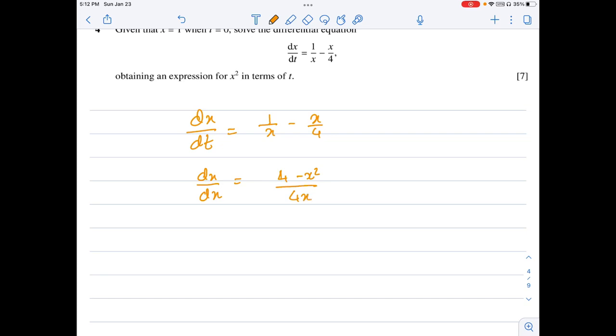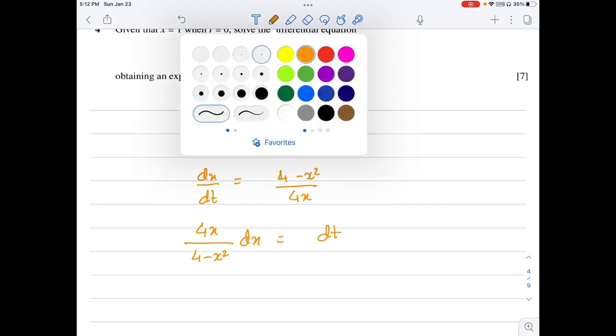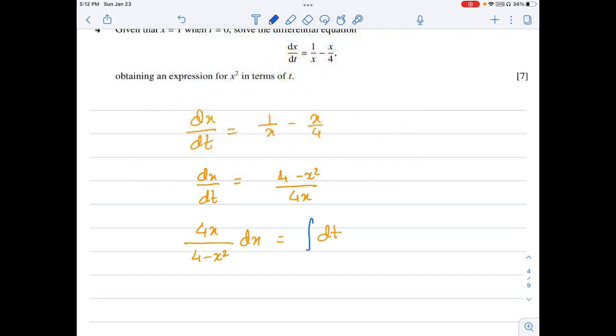Make a common denominator on the right hand side. Then this was dt. Bring the x terms on this side. So 4x upon 4 minus x square dx is equal to dt. Then apply integral on both sides.